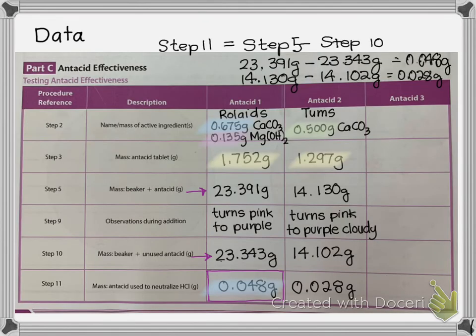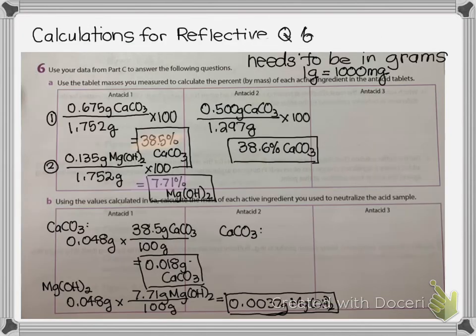It's right here: 0.028 for antacid 2, so 0.028 grams of our sample.